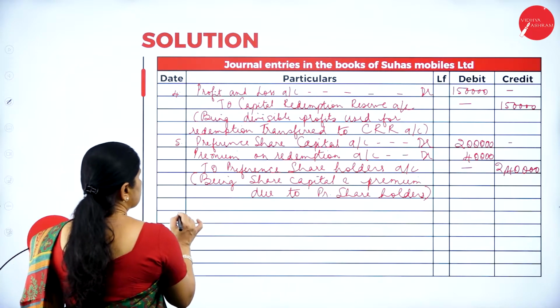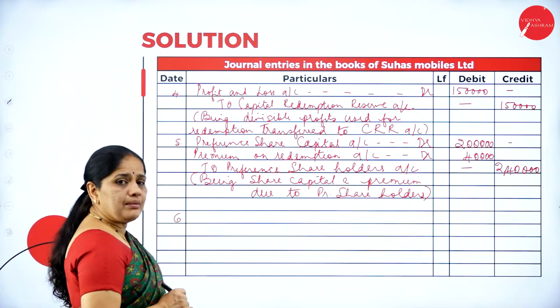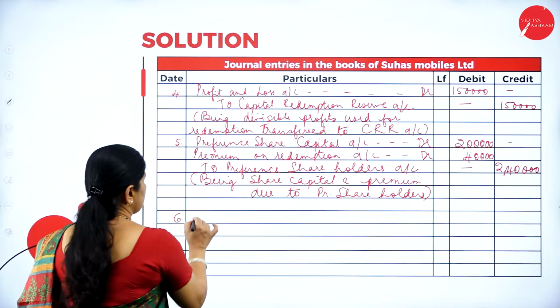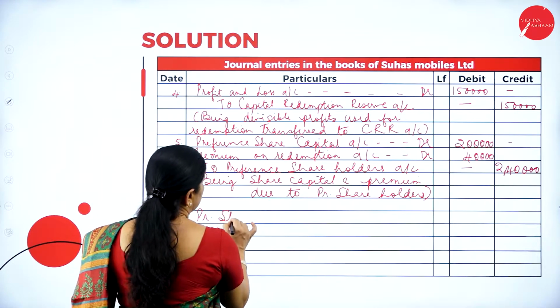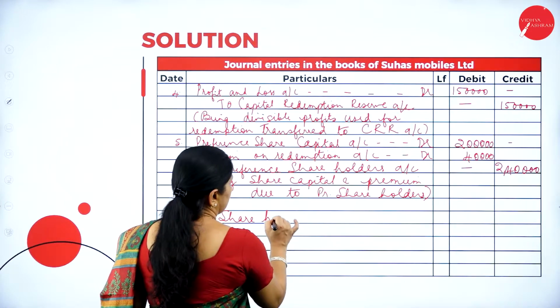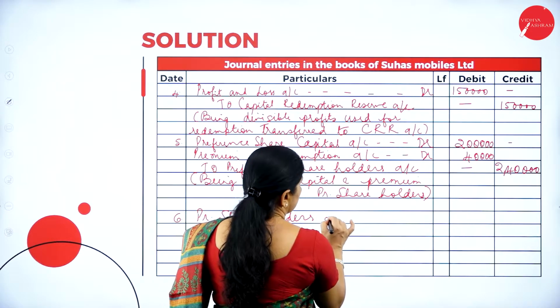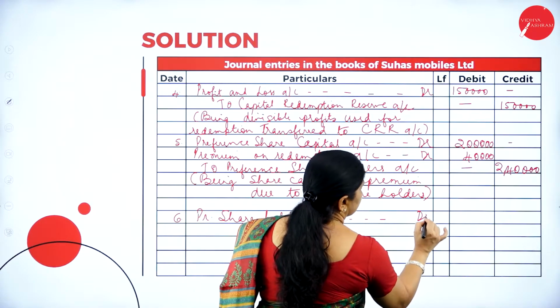Now the last entry will be for payment to preference shareholders. I write preference share holders account debtor.